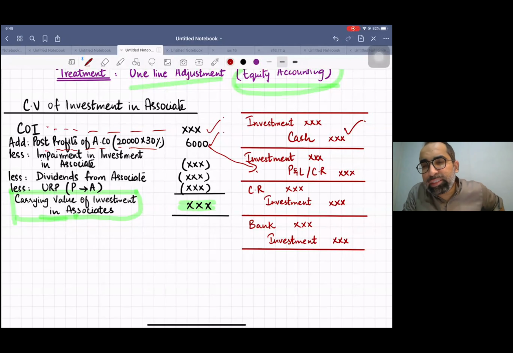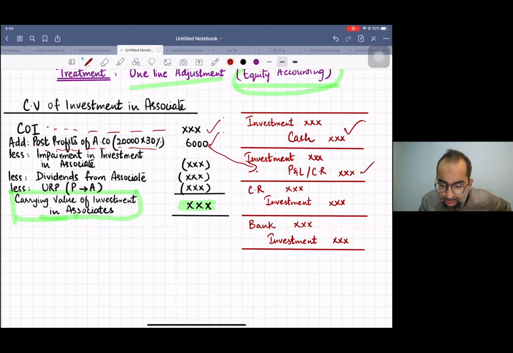Why? Because you are the investor, you are the owner. Parent company is the 30% owner of the associate company. So that means the 30% profits of the associate company belong to the parent company. So the parent company will simply book the 30% share in its P&L.